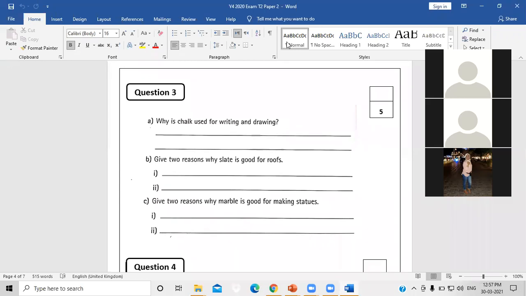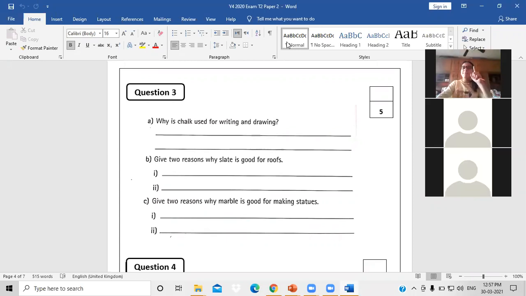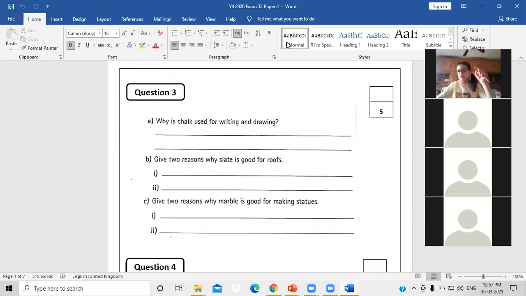Thank you, Hamza. The next question: give 2 reasons why slate is good for roofs. Yes, Nancy, do you have an answer? Because it's a hard material, and if there's rain and so many things, it will not break.